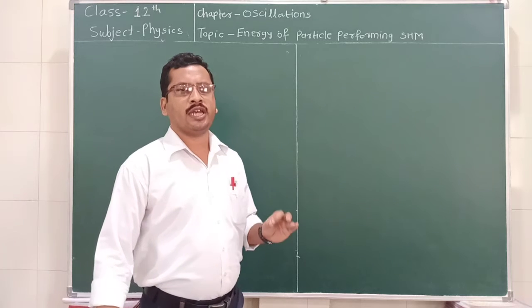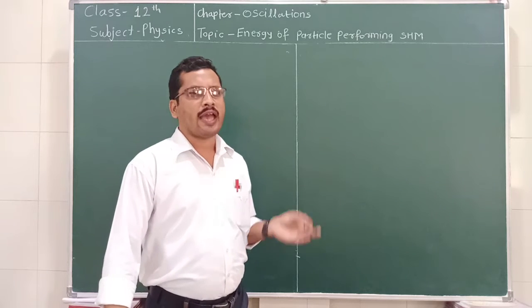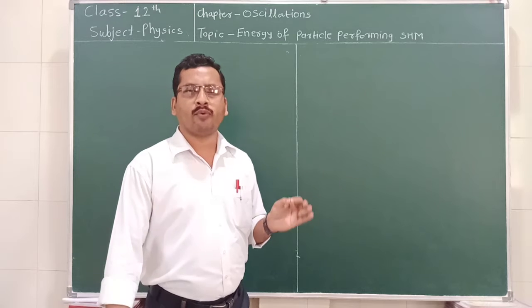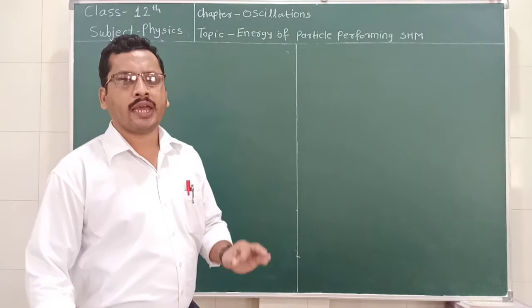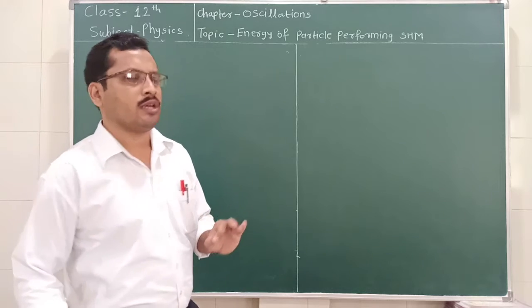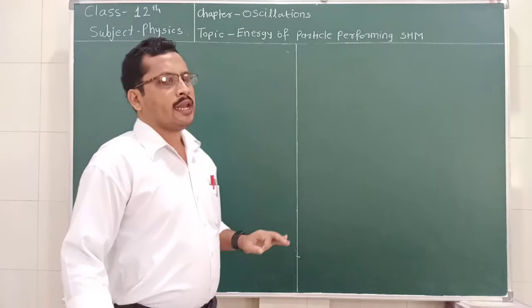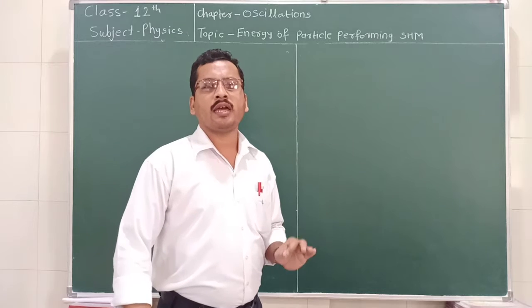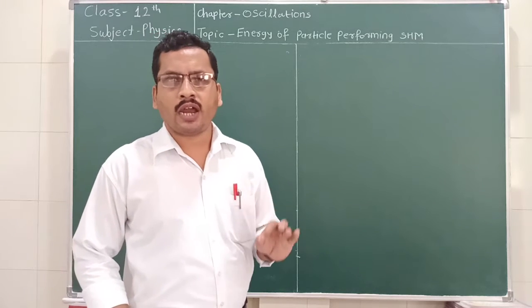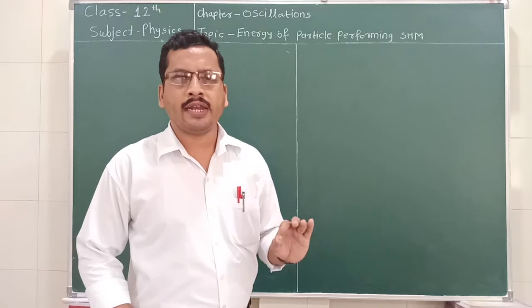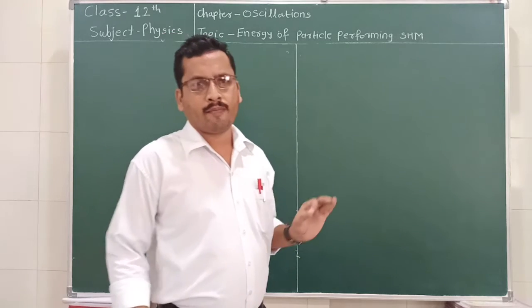So there is a change in kinetic energy as well as in potential energy. Here we are going to derive a simple relation for the total energy of a particle performing simple harmonic motion. We start from the kinetic energy of the particle.